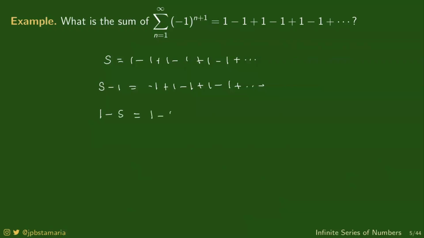Pag multiply ka ng -1 on each term, what you find out is that yung right-hand side is already the same sum as before. So you get the following relationship. Tapos, mag-add ka ng S on both sides. 2S is 1, therefore S is 1/2.